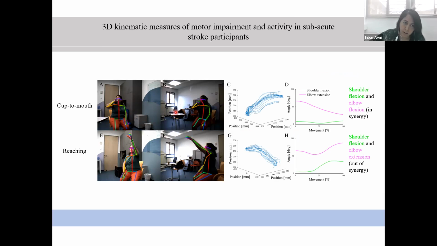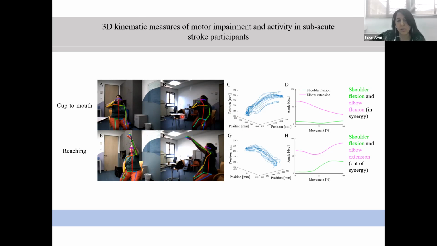This is the camera input, and this is the 3D position we get from extracting this 3D model. And these are the angles. If you can see here, this task requires the subject to flex the shoulder and flex the elbow in order to lift the cup towards the mouth. This is what Reut is doing here. And this is one of the tasks.